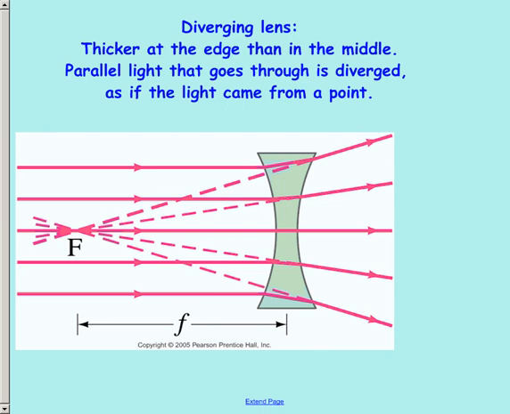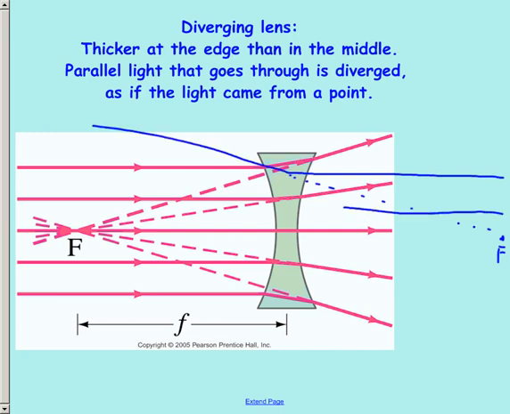So I'm going to put a focal point way over here, hopefully the same distance. And if we had light that came from this side, came to the lens, then we would take our dotted line up, and the light would go out like that.